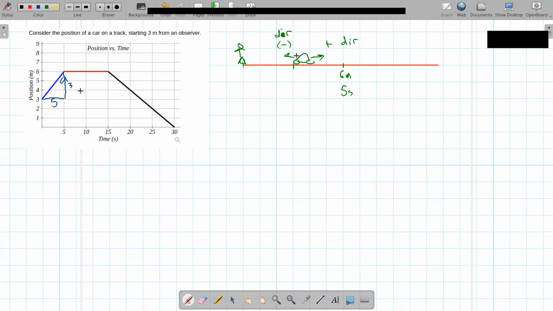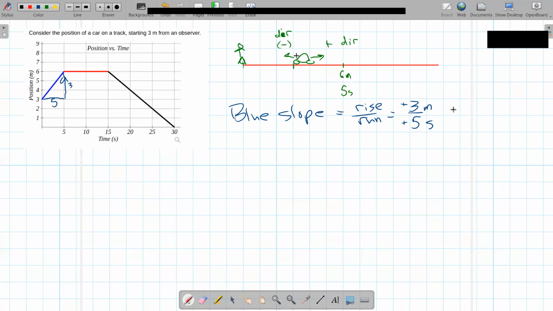And so in this blue part over here, the blue slope, I've got my rise over run. I see a rise of 3 and a run of 5, and they are both positive numbers there. And the rise is meters, and the run is seconds.